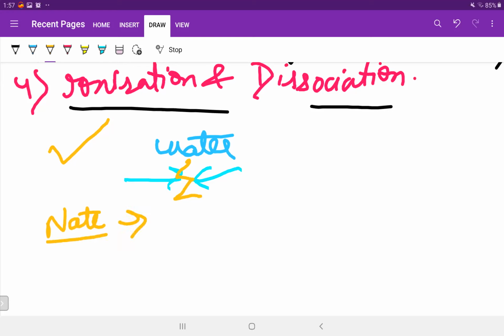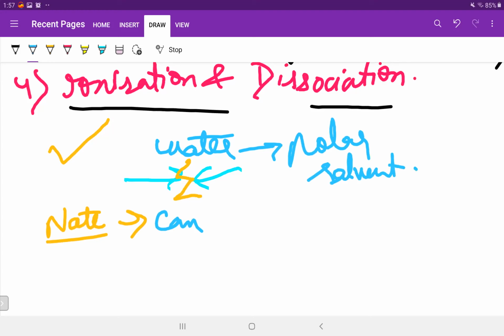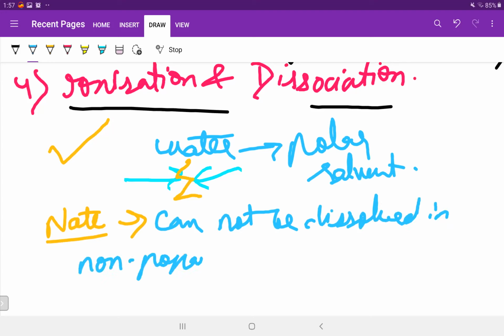Now there is a small note, a very important note actually. Ionic compounds cannot be dissolved in non-polar solvents. Water is a polar solvent, but ionic compounds cannot be dissolved in non-polar solvents.